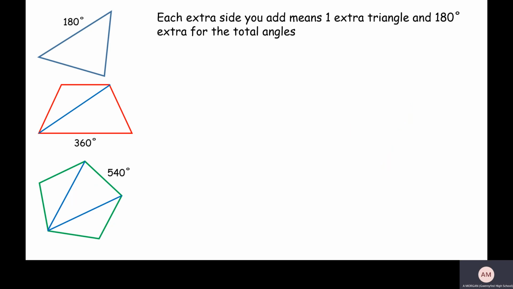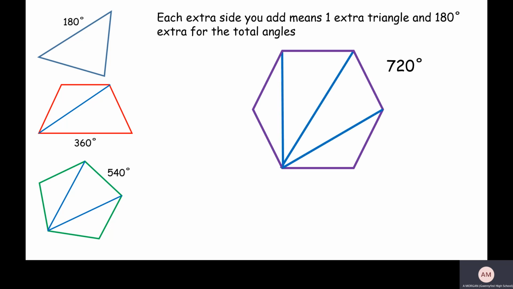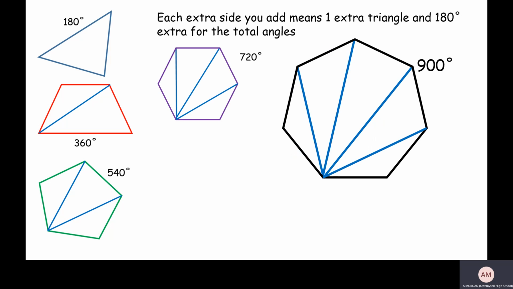That's another 180 for another triangle. Every extra side we add to the shape means that we split it into 1 extra triangle, and we're going to add 180 degrees extra for the total angles. So a 6-sided shape has got 4 triangles, and that makes 720 when you add another 180 on.